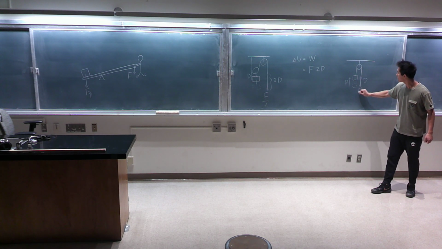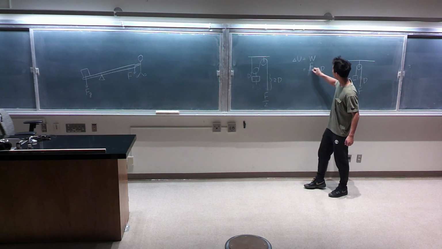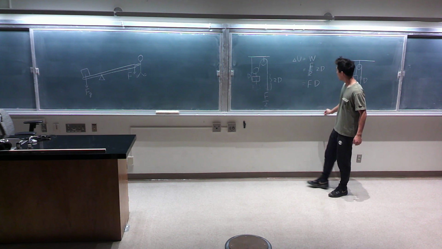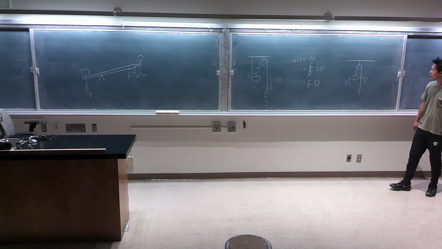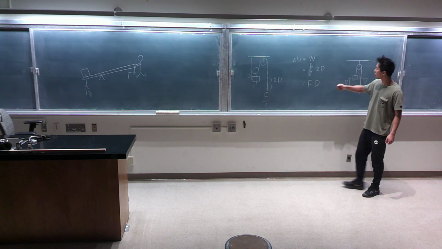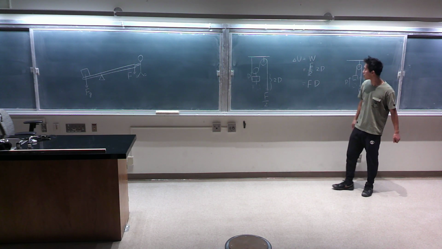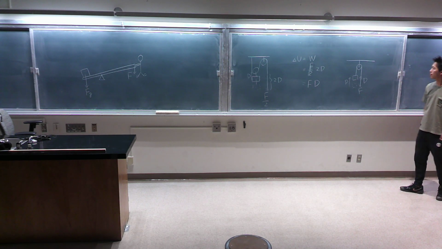So it's either F times 2d or F times d. Because the energy change of the two systems is the same, if it takes longer for you to apply that work, the force you need for applying that work must be smaller.